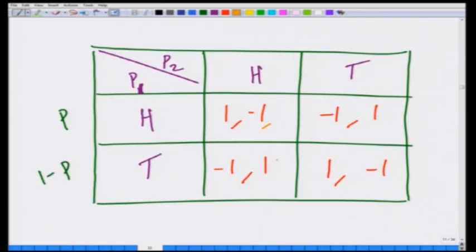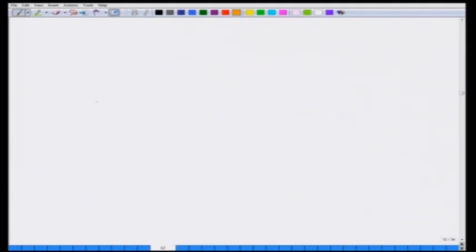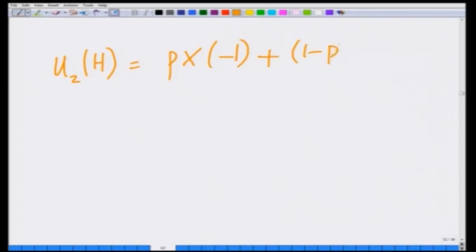So fraction p of the time he will get a payoff of minus 1, fraction 1 minus p of the time he is going to get a payoff of 1, and therefore, the average payoff of player 2, if player 2 chooses heads, is fraction p of the time he gets minus 1 plus fraction 1 minus p of the time he gets 1.